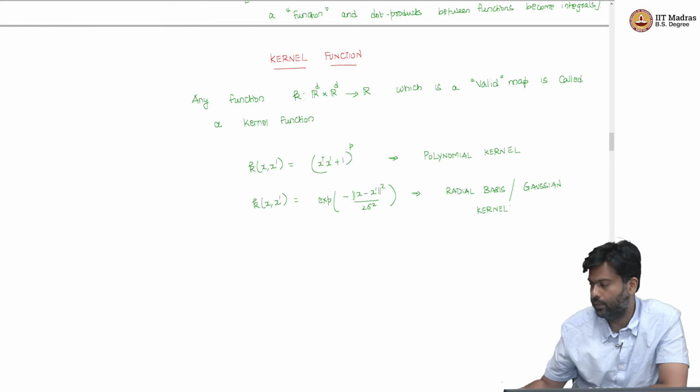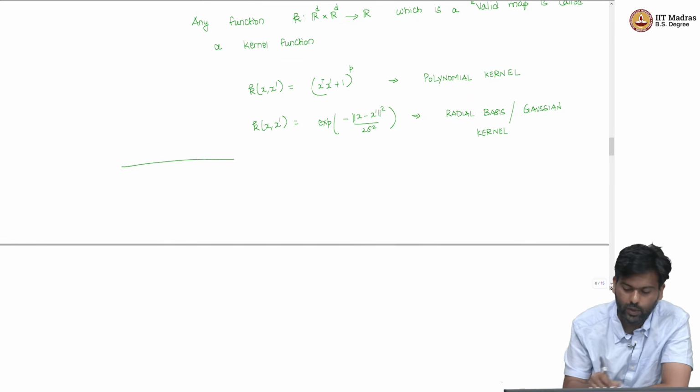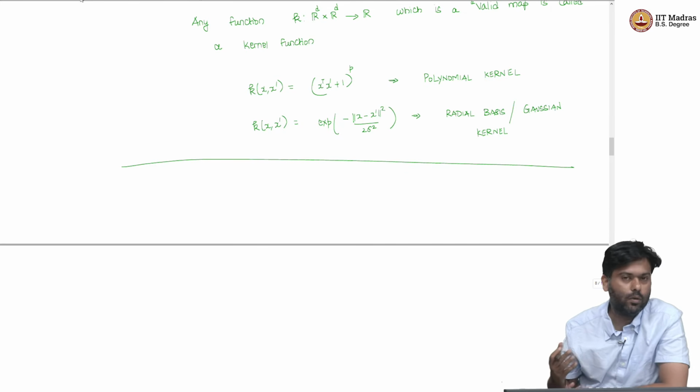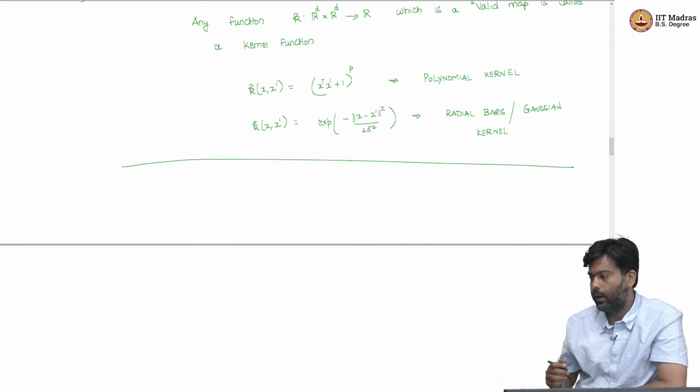Now these are specific examples, but I think the more pertinent question is, it is not necessary that these are the only kernels which are useful or relevant for our problem. So, maybe there are different nonlinear combinations which might help us.